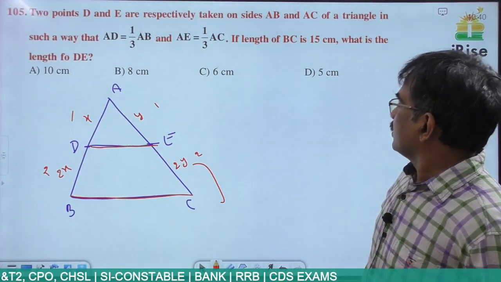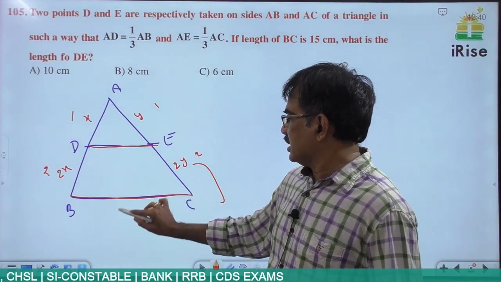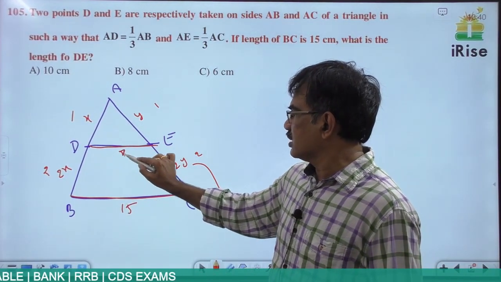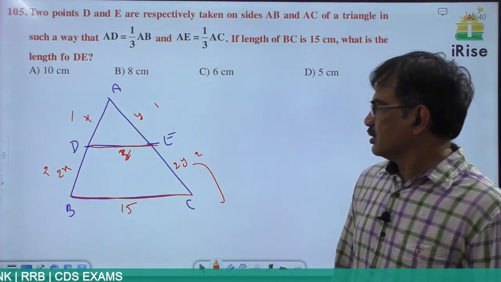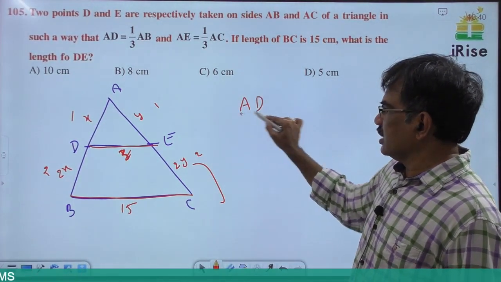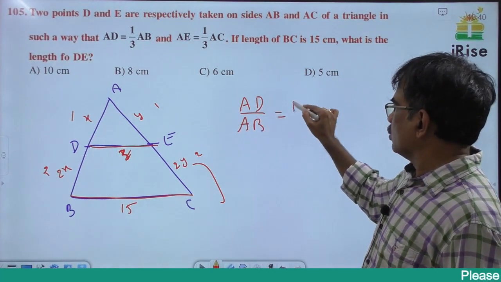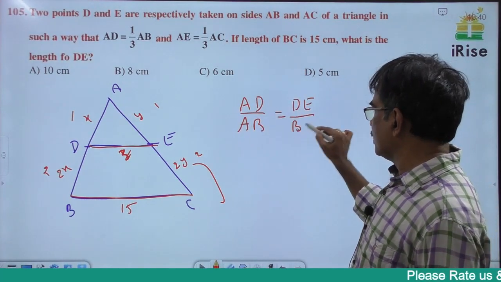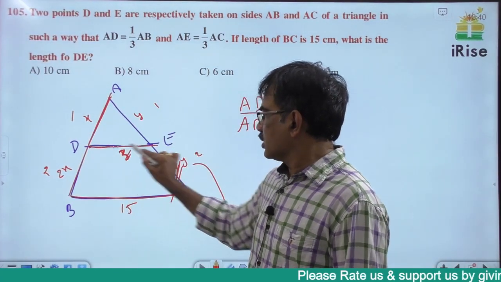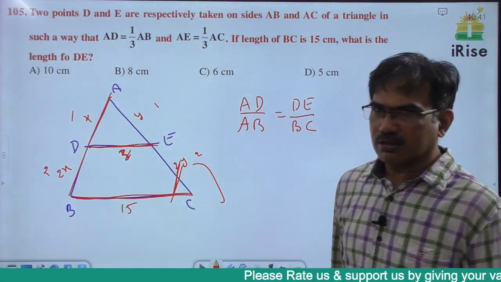If the length of BC is 15 centimeters, then what is the length of this one? I want to consider this as Z. Here, if these two are similar triangles, AD by AB is equal to DE by BC. Side of small triangle by side of big triangle is equal to side of small triangle by side of big triangle.